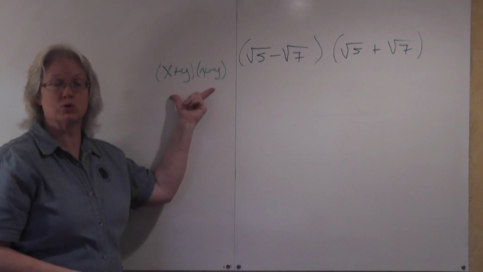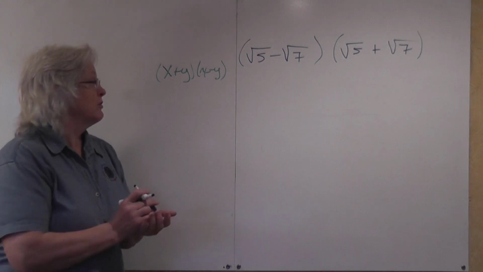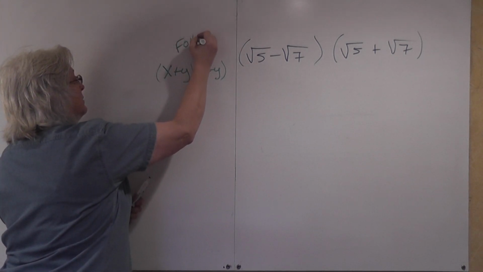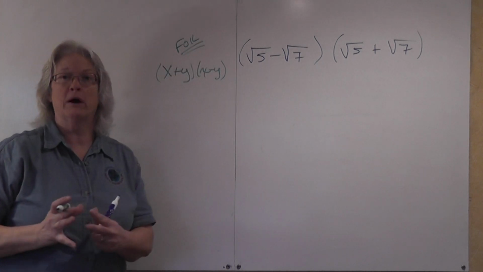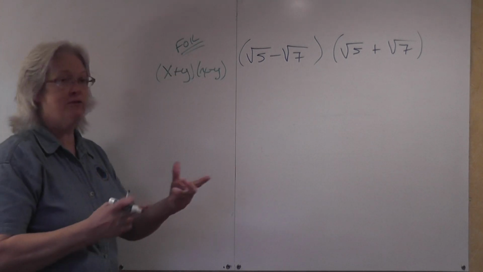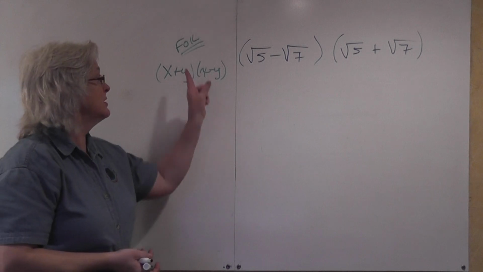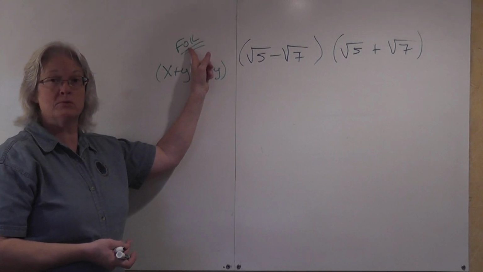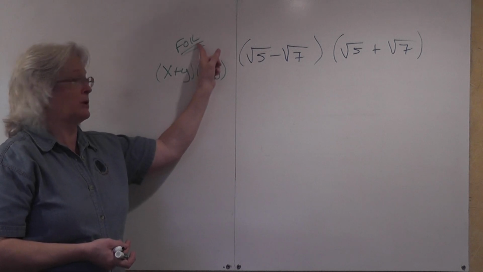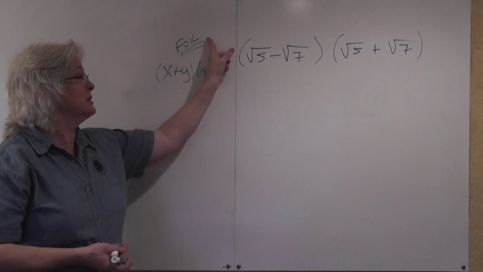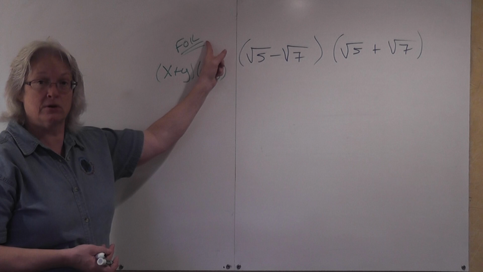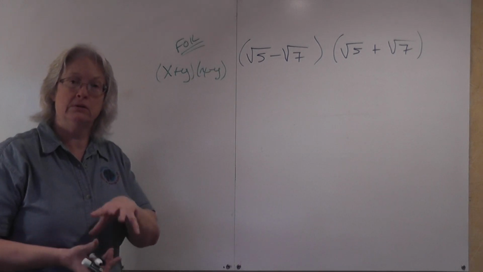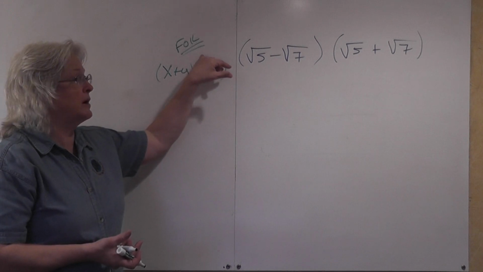How did you learn the shortcut to multiply this? Remember, you had learned FOIL when you multiply two binomials together. You have 4 partial products. Multiply the first terms together, plus the outer terms multiplied together, plus the product of the inner terms, plus the product of the last terms multiplied together, and that gives you the complete total product of two binomials.